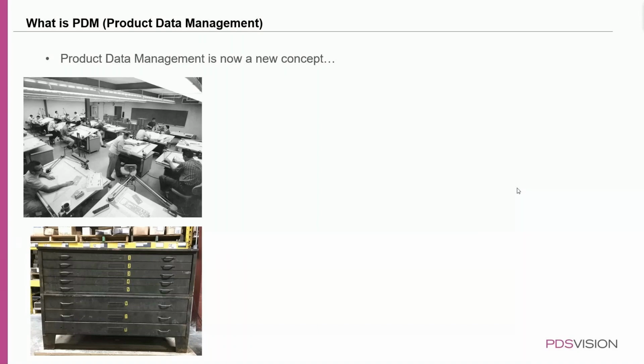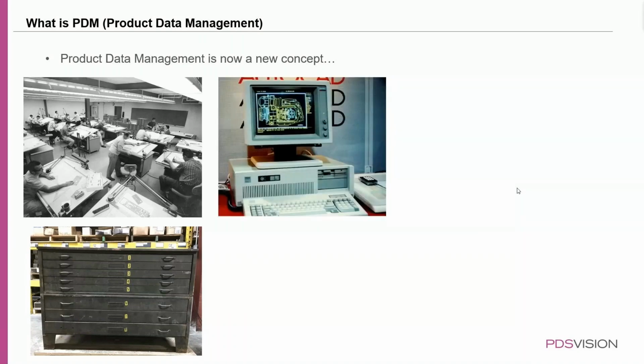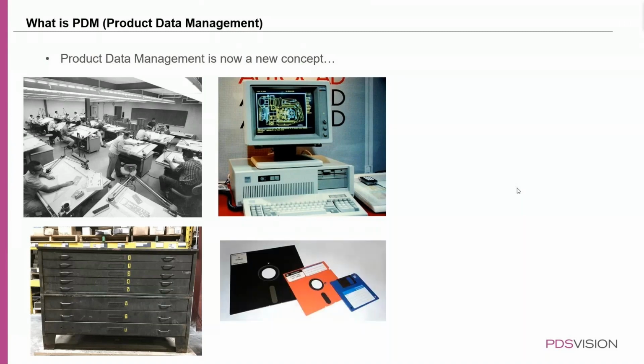Then as things progressed and we continued to go into the technology age and we started using computers, that was great. But most of the computers didn't have a large hard drive. So from that standpoint, we then started using floppy disks. I know some of you guys are having nervous twitches at this point looking at some of this stuff.